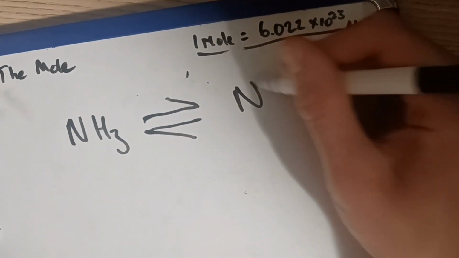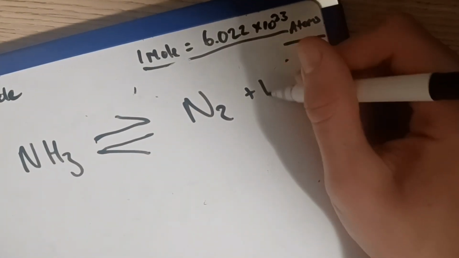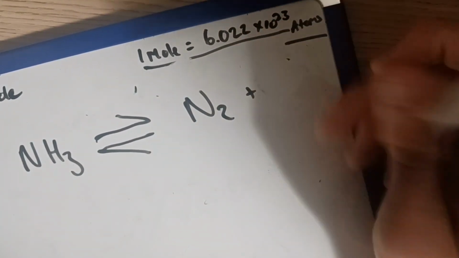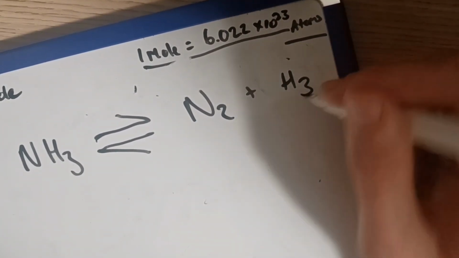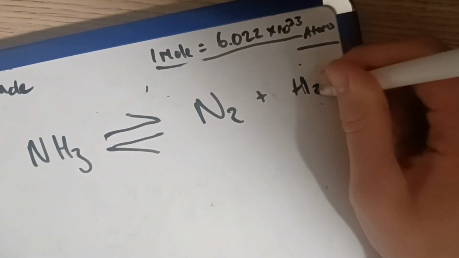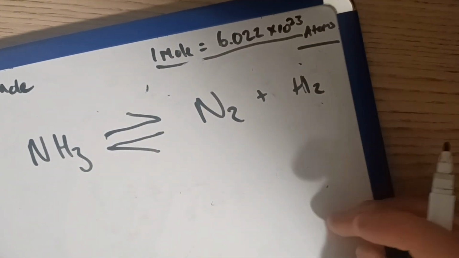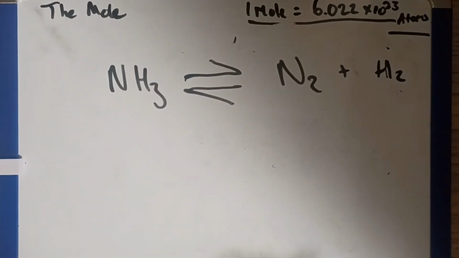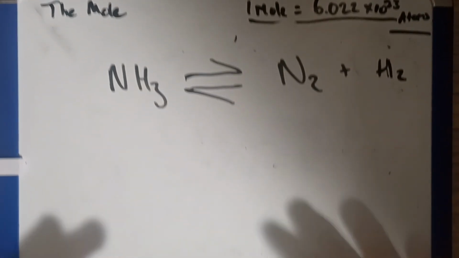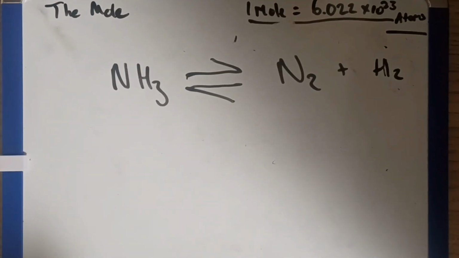So the Haber process, N2 plus H2 gives NH3. Oh my days, what's wrong with me? One of the most famous processes in the world. If we didn't have this process, we probably would not be living.